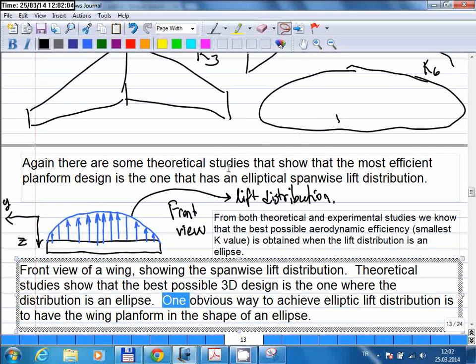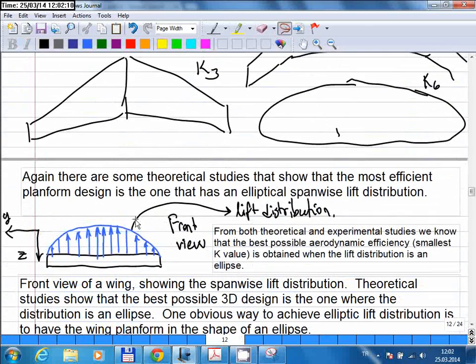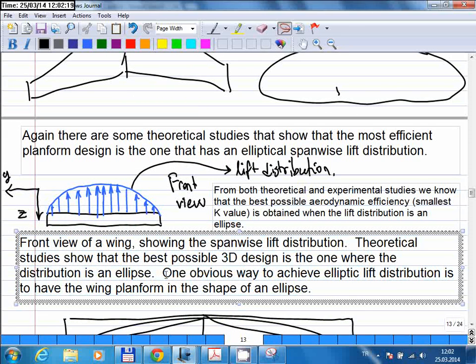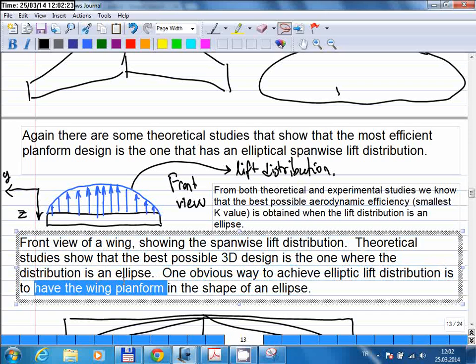Okay, so now when designing the wing planform, the goal is to achieve this optimum lift distribution, which is an ellipse. And one obvious way to achieve elliptic lift distribution is to have the wing planform in the shape of an ellipse.